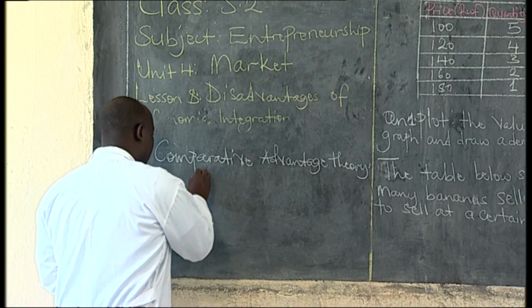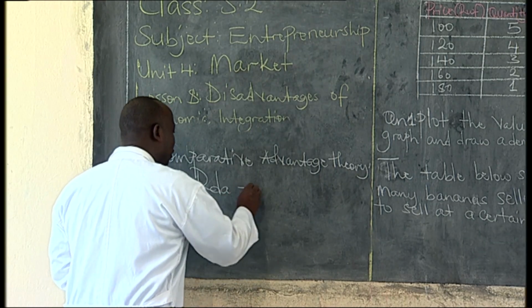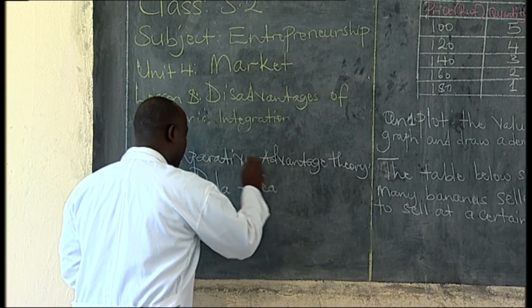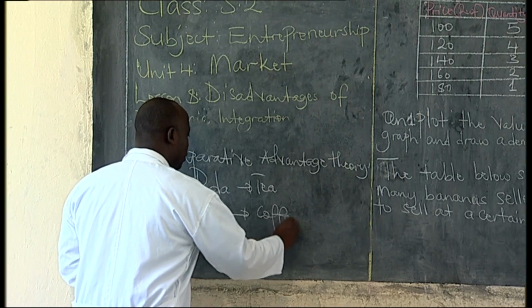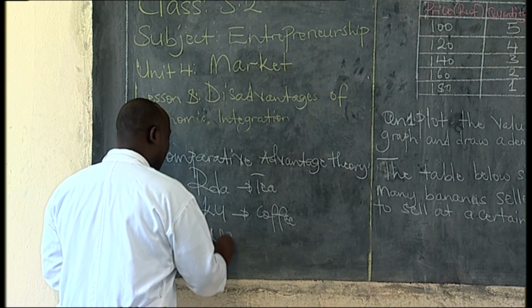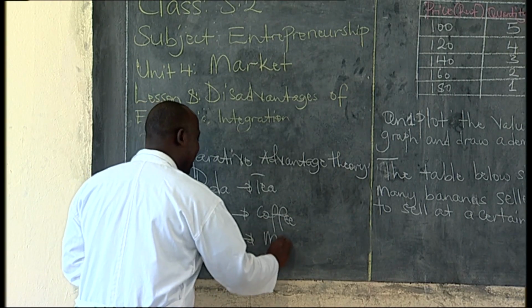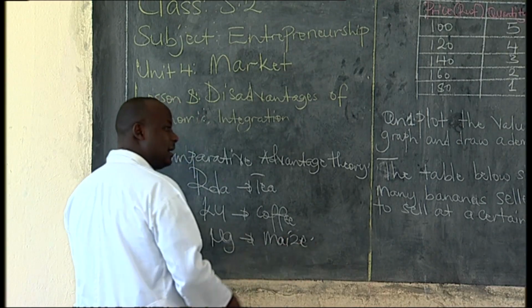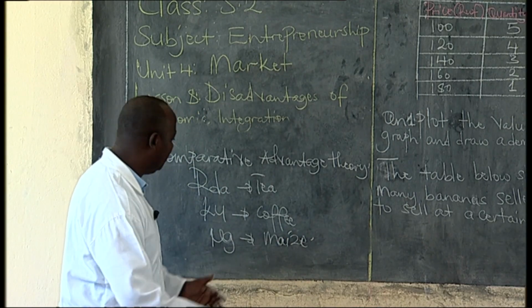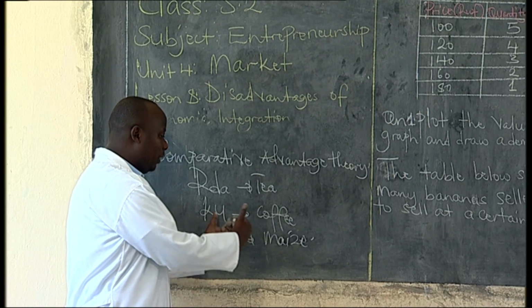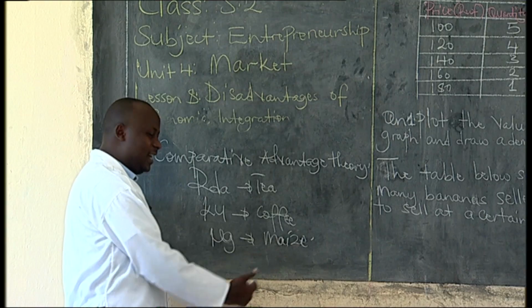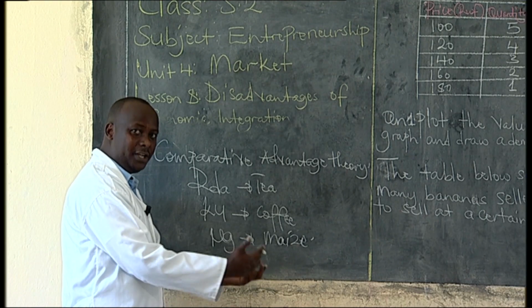For example, if Rwanda specializes in production of tea, Kenya specializes in production of coffee, Uganda specializes in production of maize, and even other member countries within East Africa if they specialize. Now, this will bring dependency.